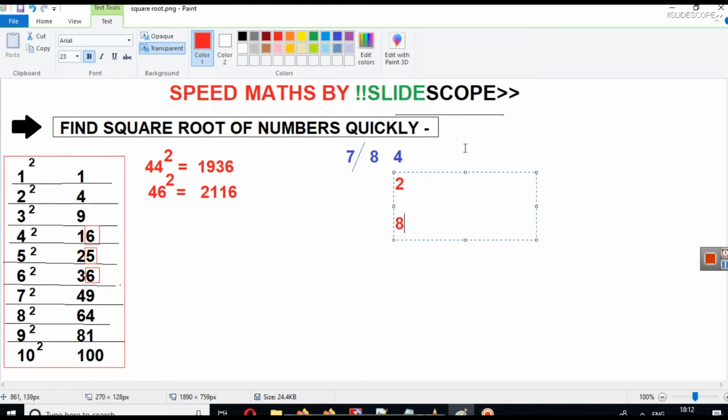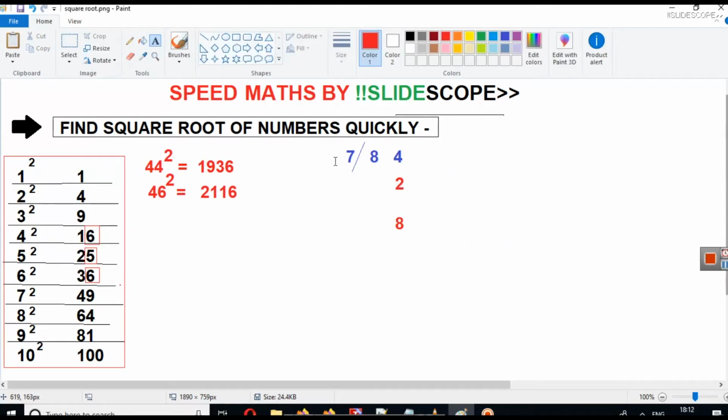So either the digit of which this is a square root ends in 2 or it ends in 8. Now what are these two digits? We have written the digits 2 and 8. Now you have to look at which two numbers you will find 7 between.